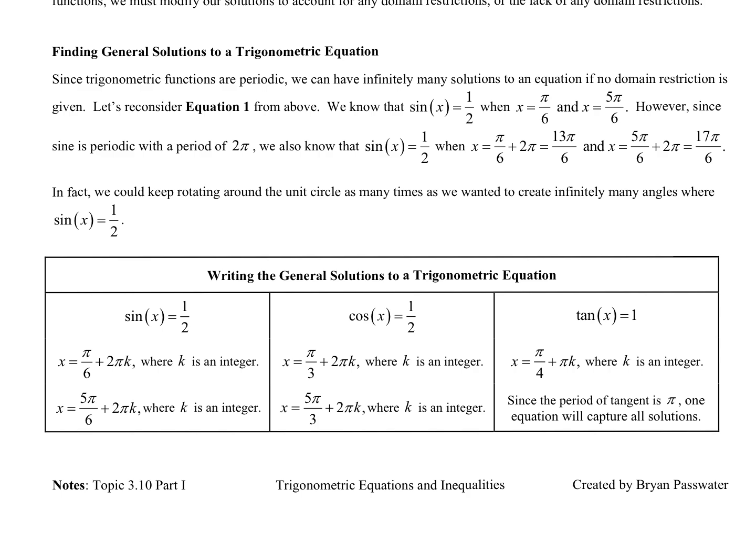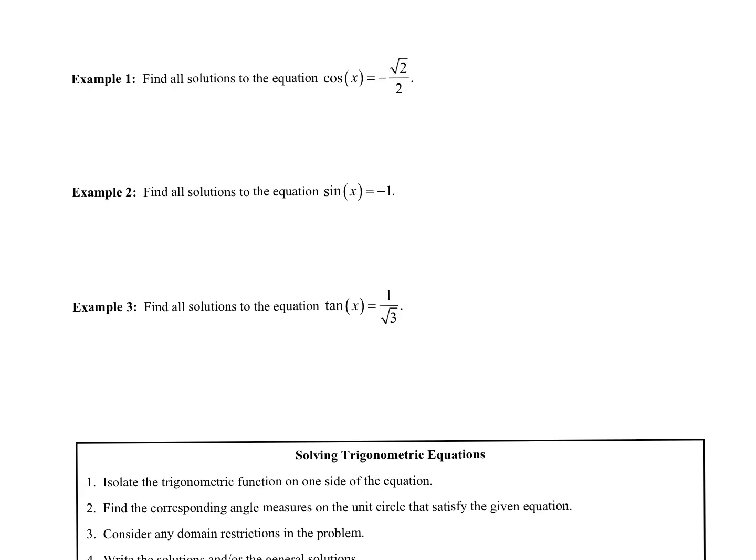All right, so we're going to find all the solutions of cosine x equals negative square root 2 over 2. And so when does cosine equal negative square root 2 over 2? 3 pi over 4. Where else? And at 5 pi over 4. Now, does it happen more than that?